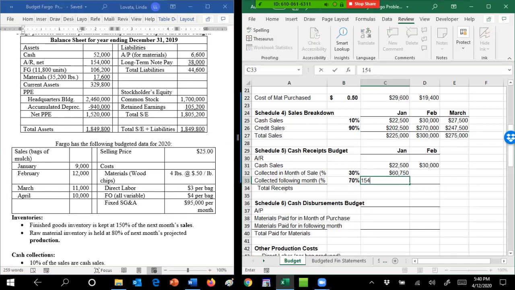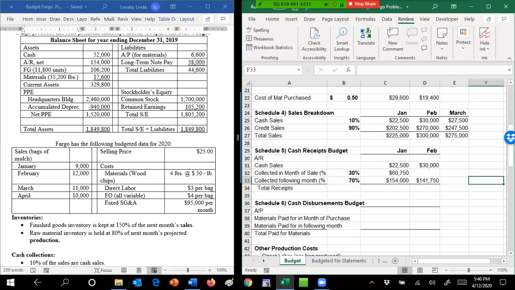So 154 goes there. In February, though, we do have to do our calculation. So we're going to take our 70%, and that's going to be of January sales. So the 202 goes here.